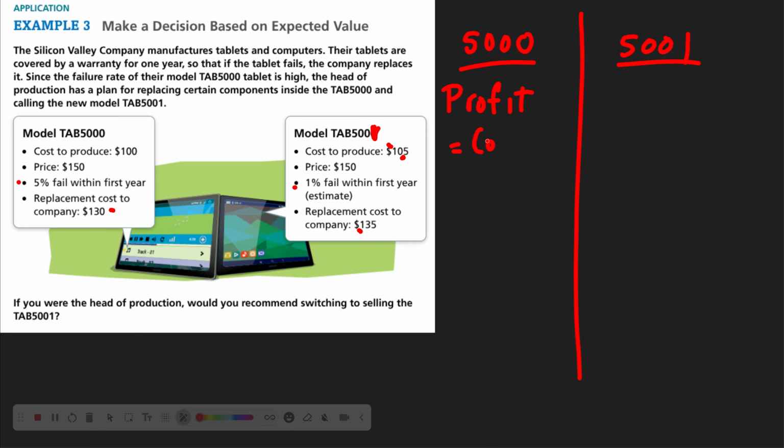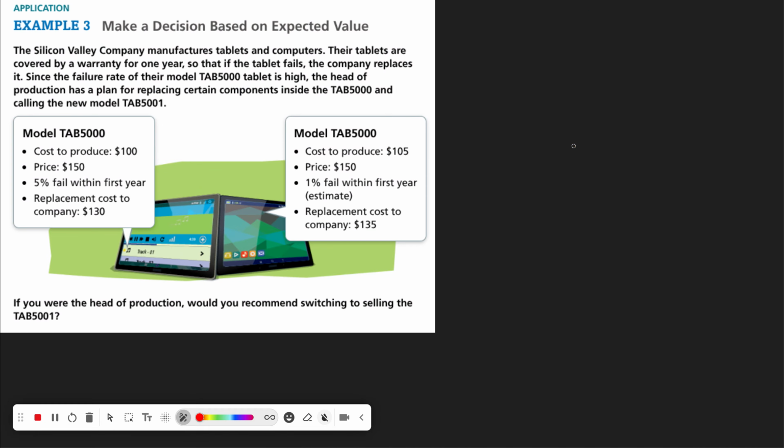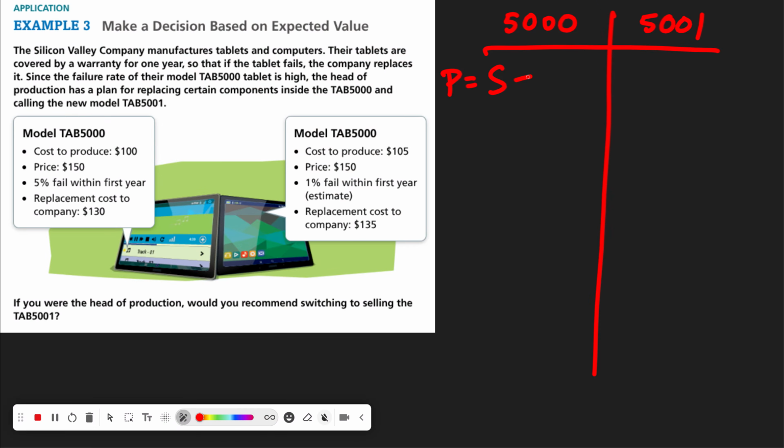Okay? So the profit is equal to the cost minus the sale. No, the sale minus the cost. Profit equals sale minus cost. Okay?